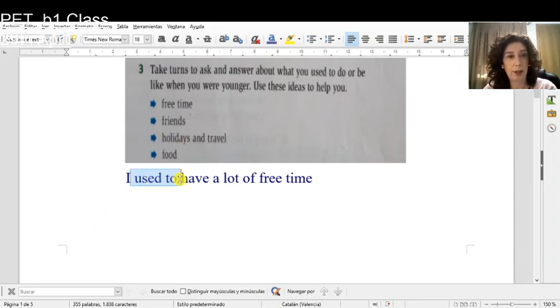Well, used to plus infinitive. Now, is it a habit? ¿Era una rutina? Sí. ¿De todos los días? Sí. ¿Ahora lo tengo? No. Por lo tanto, ¿ha habido un cambio? Sí. Puedo utilizarlo.